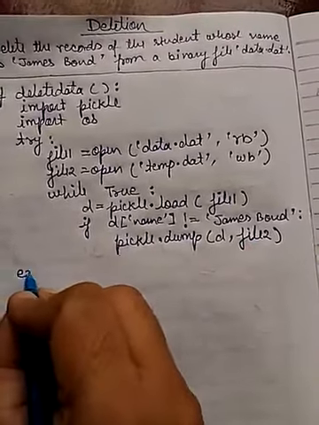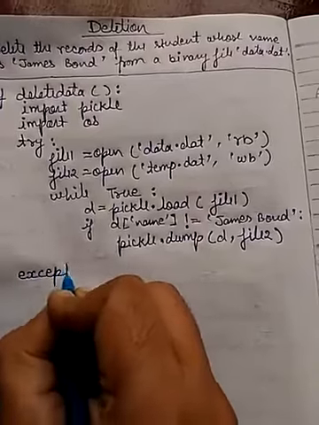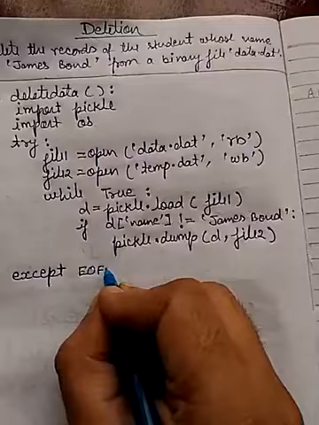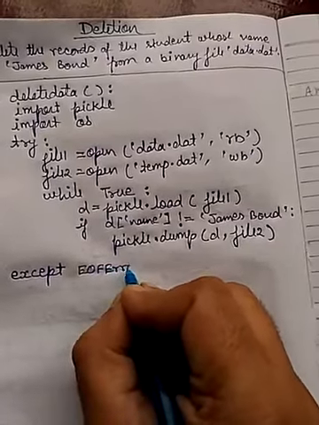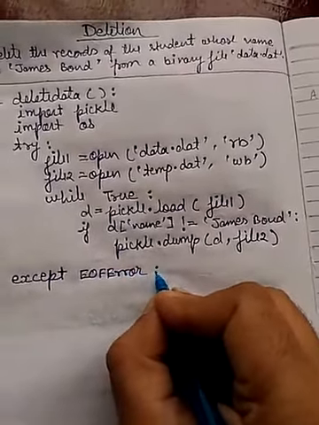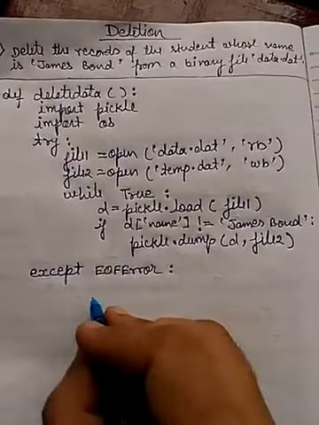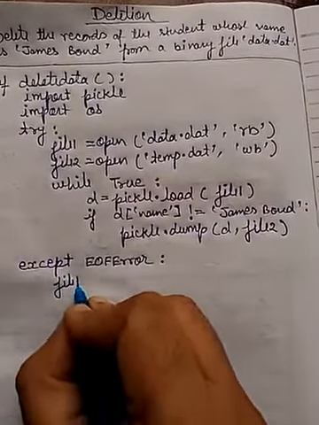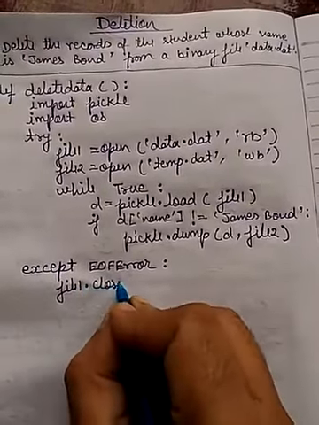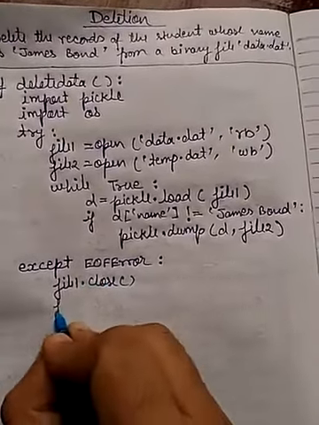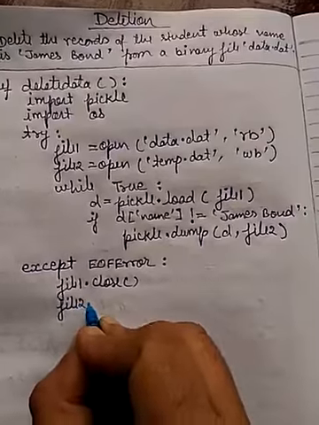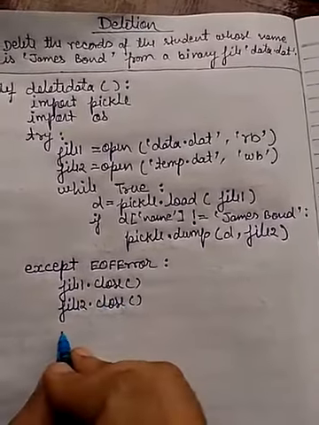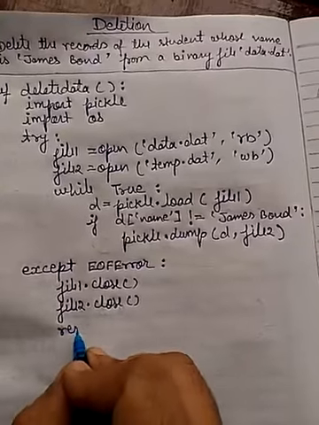So except EOFError. First we need to close the files. file1.close(), file2.close(). Now we have to remove the file.